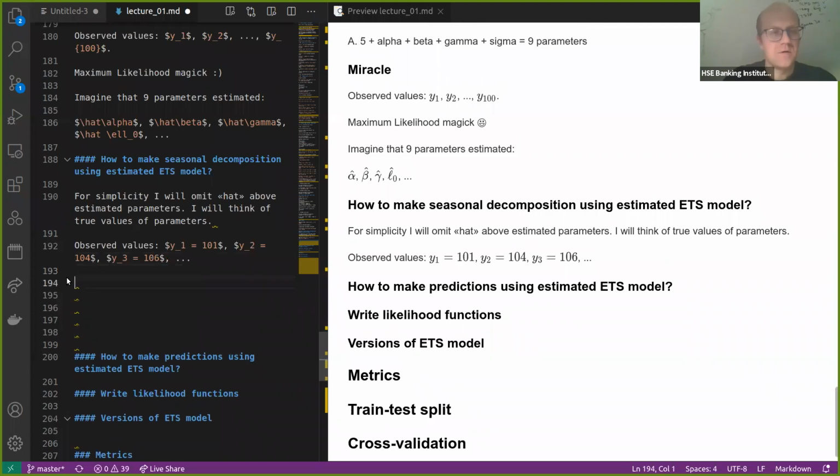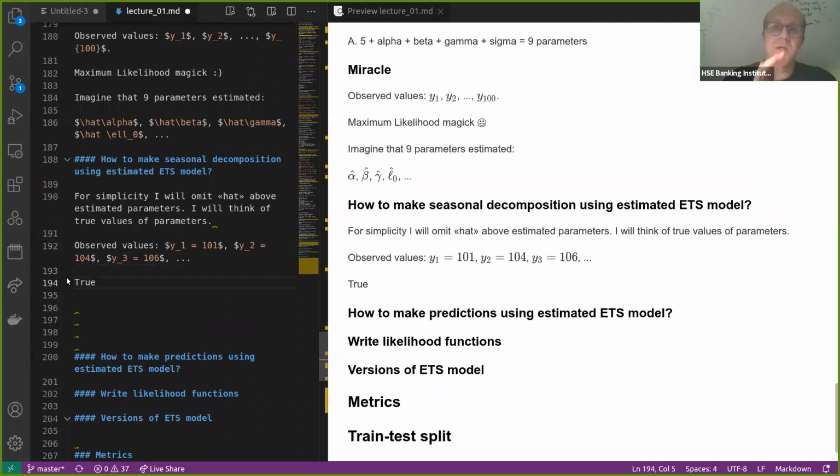I will simplify: I have true parameters, but in real life, we have estimated parameters.